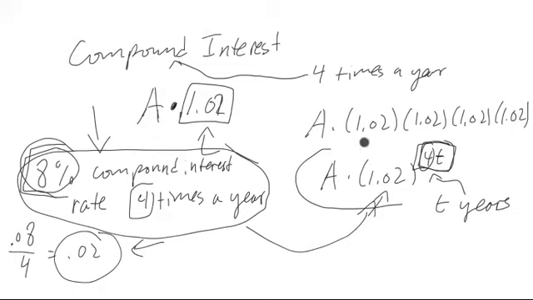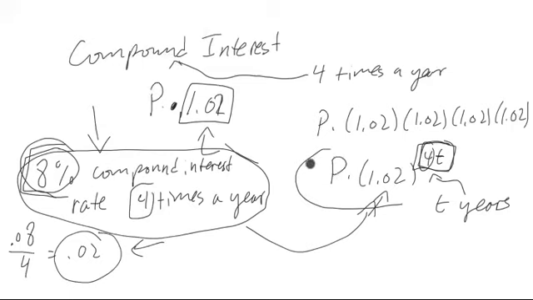So actually, this equation right here, if we made it an equation, perhaps, if A is our beginning amount, which is often called the principal, so maybe we'll just change this a little bit. Use a P for principal. That's our starting amount.